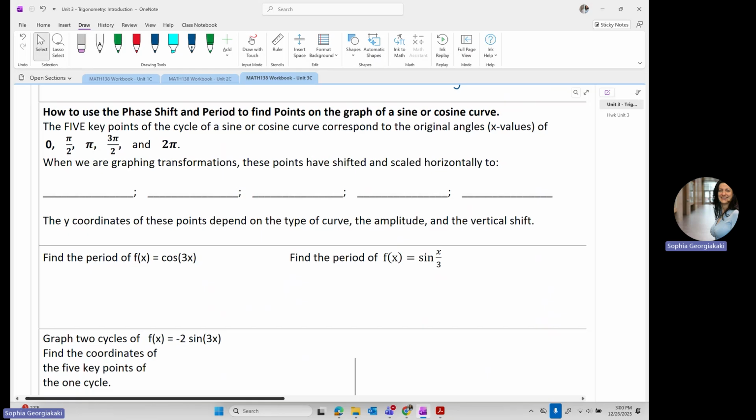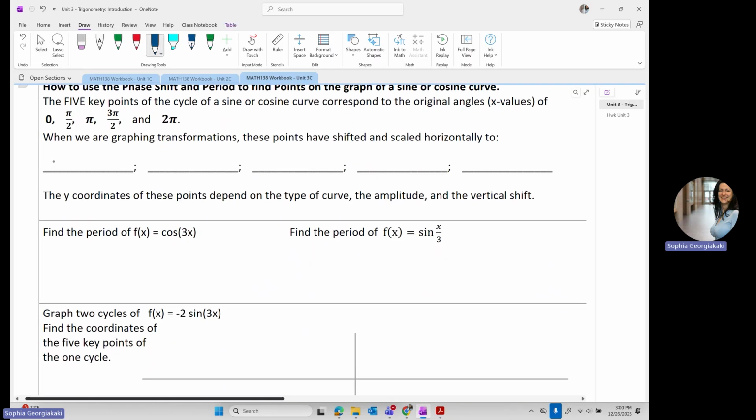When you are graphing transformations, these points have shifted and scaled horizontally. So they are located at the horizontal shift, plus 1/4 of a period, horizontal shift plus another quarter of a period, horizontal shift plus a third quarter of a period, and horizontal shift plus the 4th quarter of a period, which is the whole period.